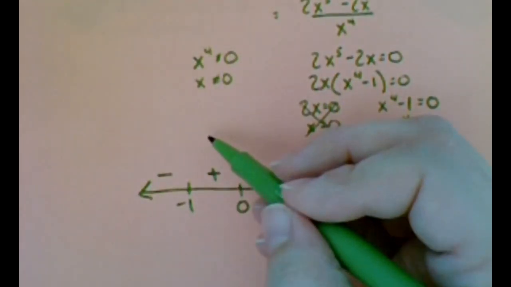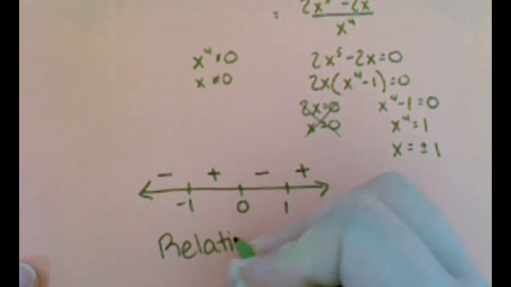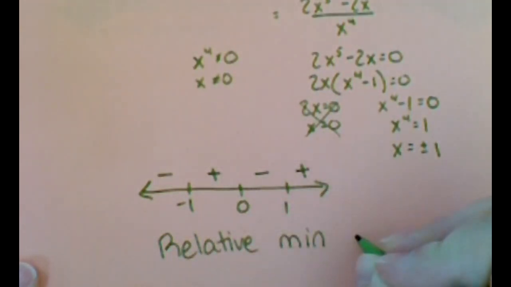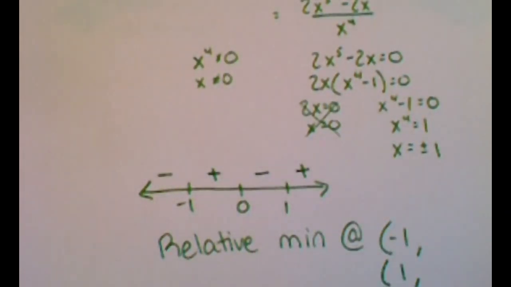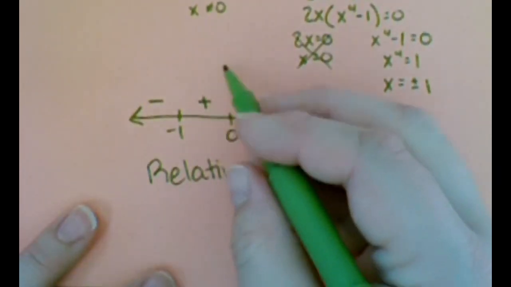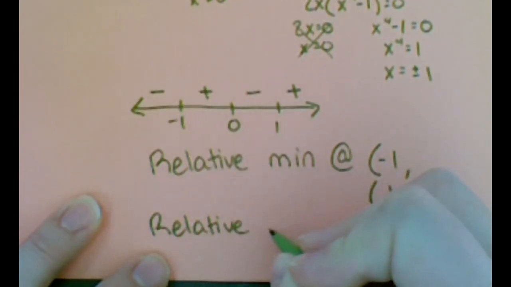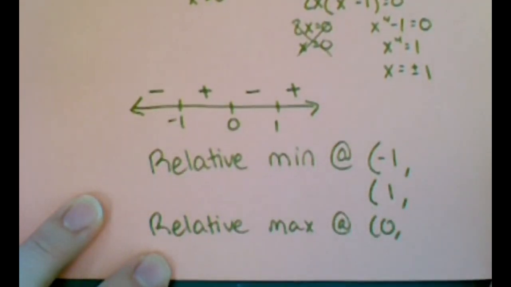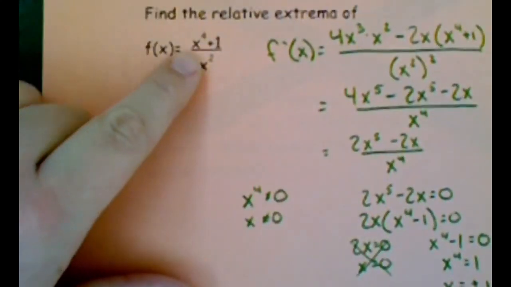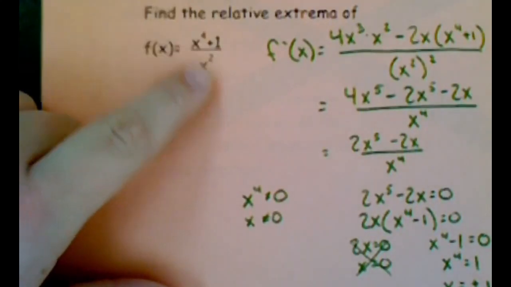Negative to positive means that it is a minimum. So relative minimum at negative 1 something, and also negative to positive at positive 1 something. And then we go increasing to decreasing, so a relative max at 0 something. Now we plug those in. Negative 1 to the 4th power is 1, plus 1 is 2, over 1, which is 2.